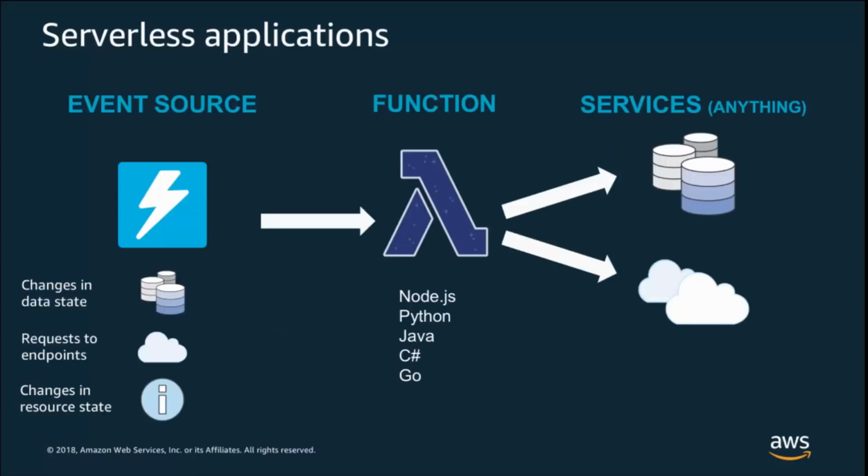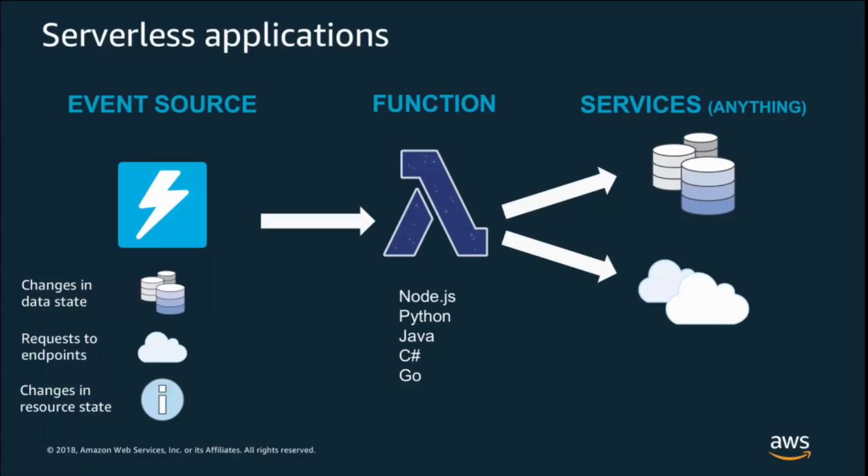Let's dive a little bit deeper here. At the core of the AWS Lambda service is the concept of a Lambda function. Functions are the mechanism by which you provide the piece of code to the service. Today, various popular programming languages, some of them listed here, are supported.